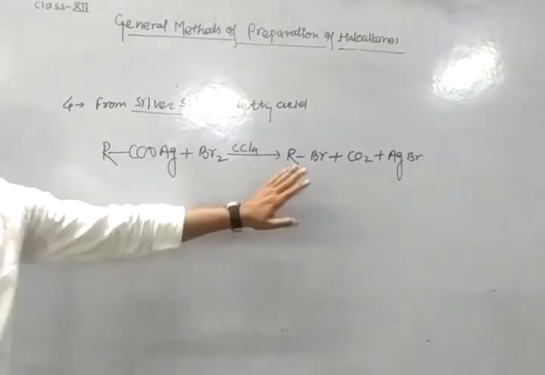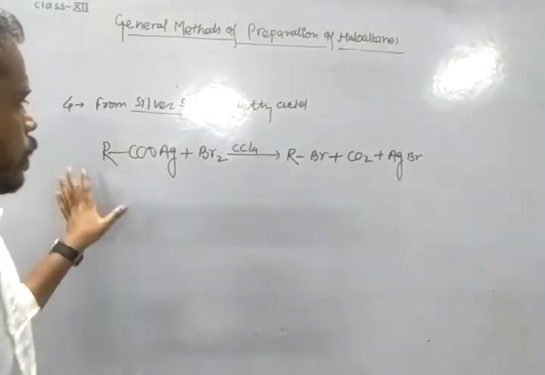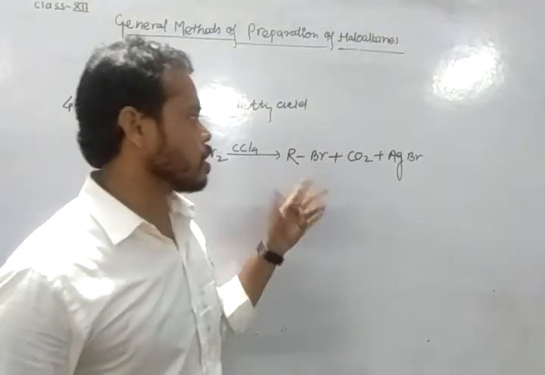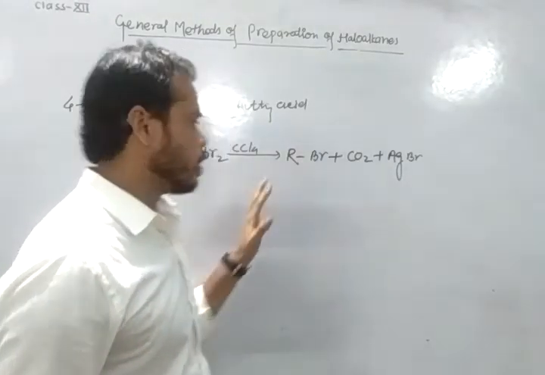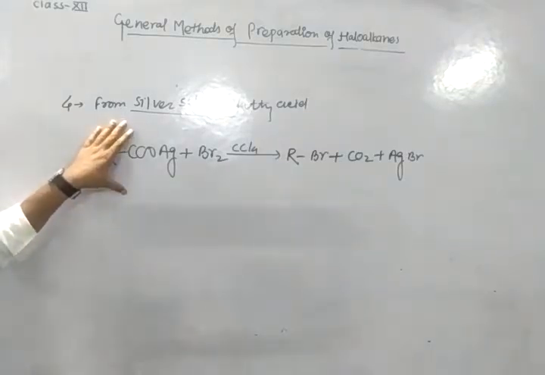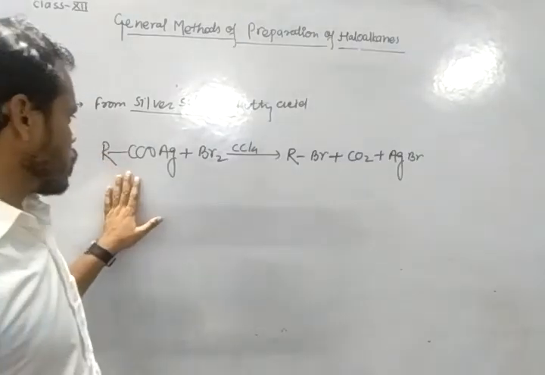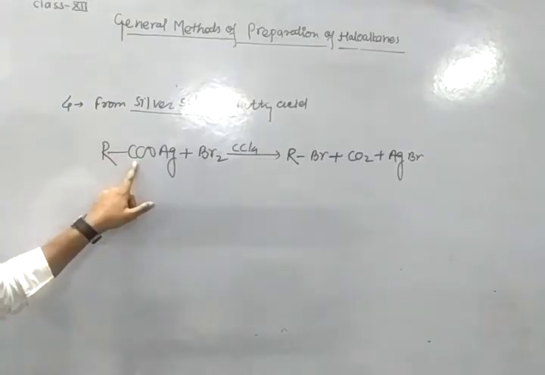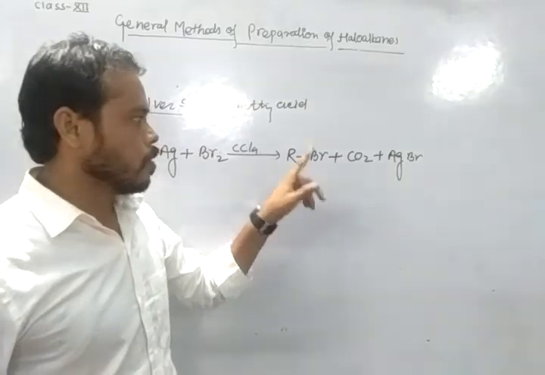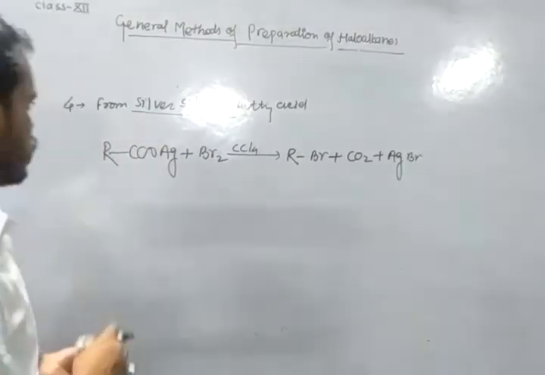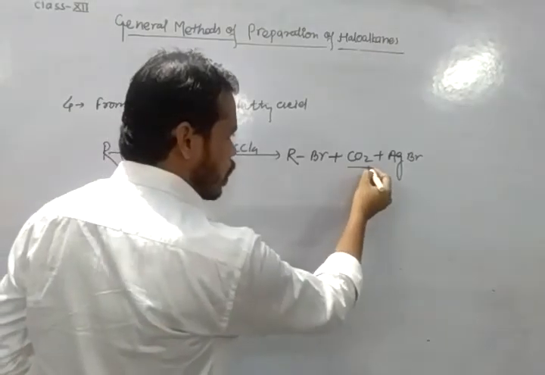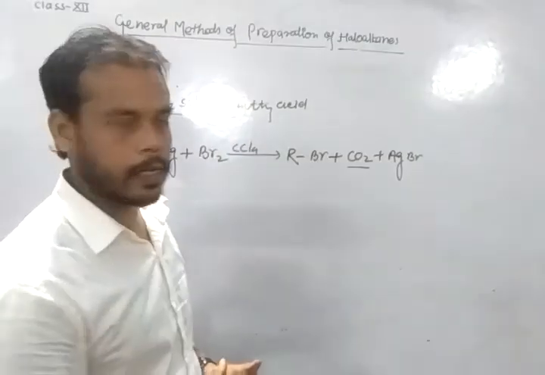Clear? So you can see in this case there is one carbon atom less in the product than in the carboxylic acid taken in the reaction. In the carboxylic acid there is one extra carbon atom, while here there is one less; always keep this in mind. This portion is evolved as carbon dioxide.